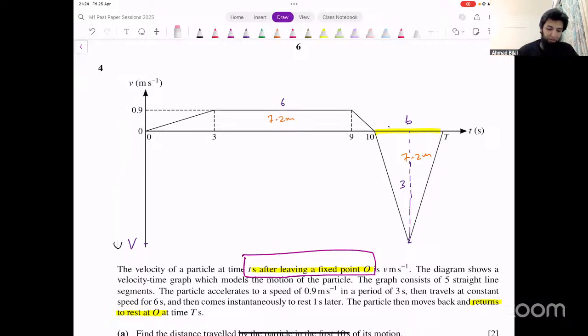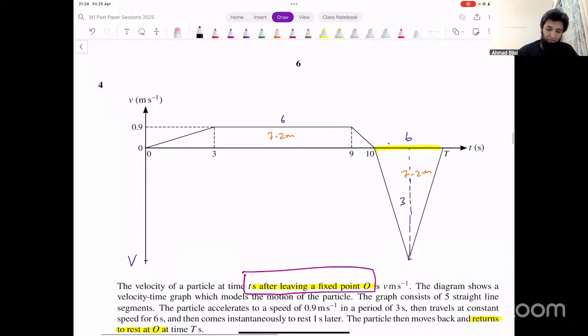Greatest speed could either be on the positive side or on the negative side. So what's the highest point of the graph, or what's the lowest point of the graph? This is the highest point of the graph, that's 0.9. That's not 3, we know that. What's the lowest point of the graph? That's this. So that is supposed to be the greatest speed. So that point has to be 3 here. That means that the height is 3.